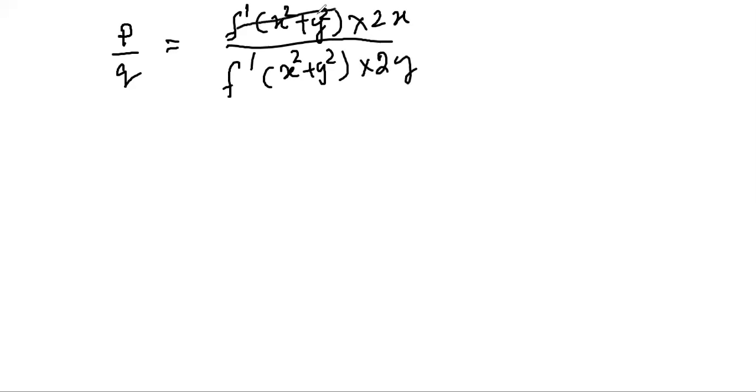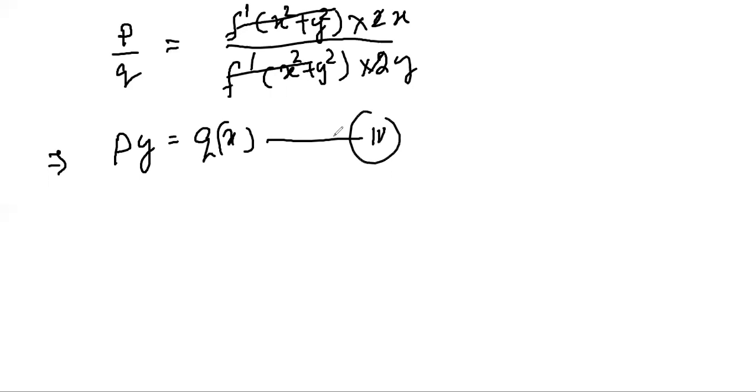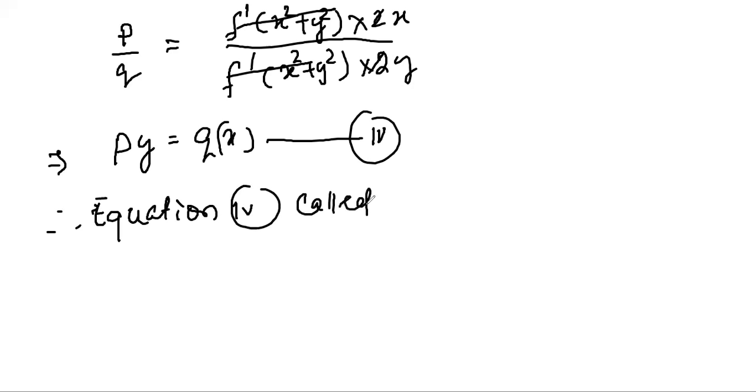This term and this term cancel, 2 cancels. What is the remaining value? That is py is equal to qx. This equation 4 is called the partial differential equation.